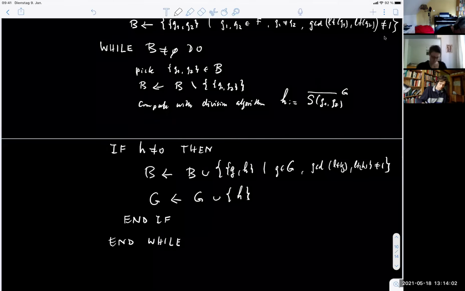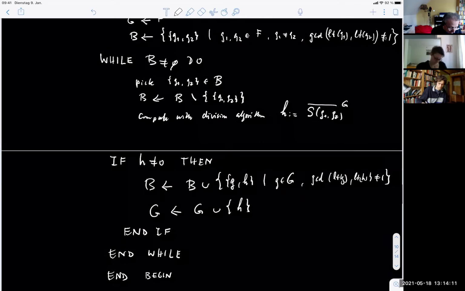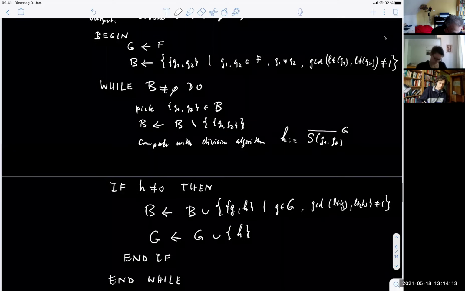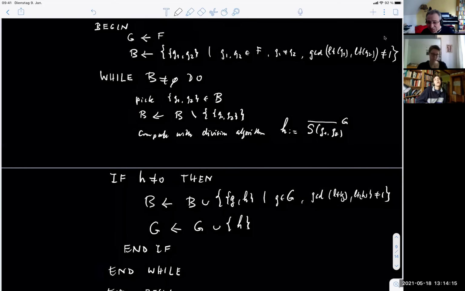And then this is the end of begin, if you want. So this is the program. Pretty simple, conceptually simple, easy to implement, of course. There's not much to do.